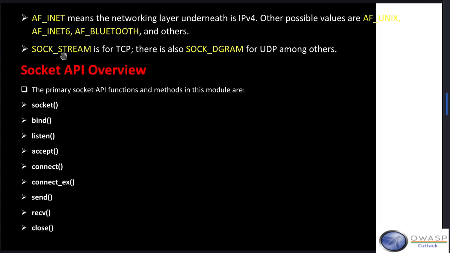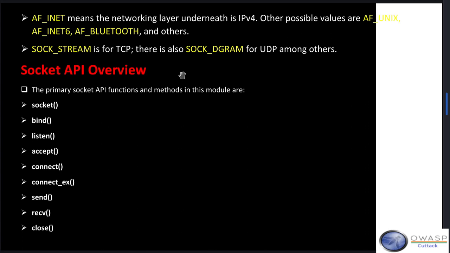SOCK_STREAM is used for TCP connections. There is also SOCK_DGRAM for UDP connections. But mostly we will use SOCK_STREAM in our programs for the TCP connection. Let's check the socket API.